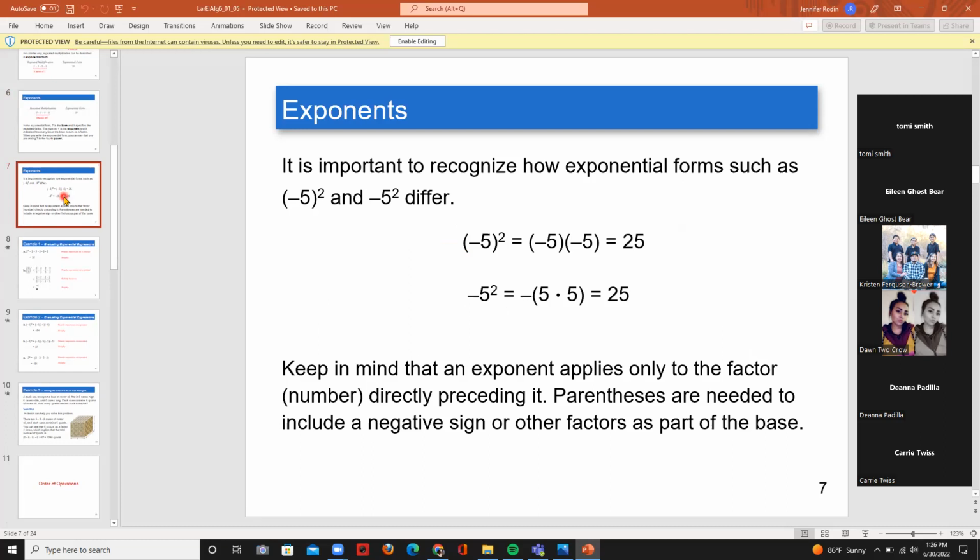Oh, wow, they have something written wrong on there. See, they're trying to show you that -5 to the second means -5 times -5. So that would be positive 25.